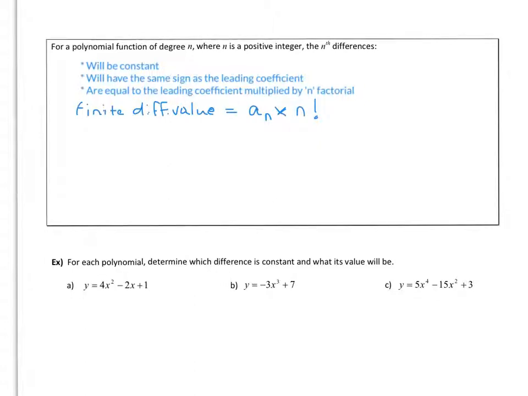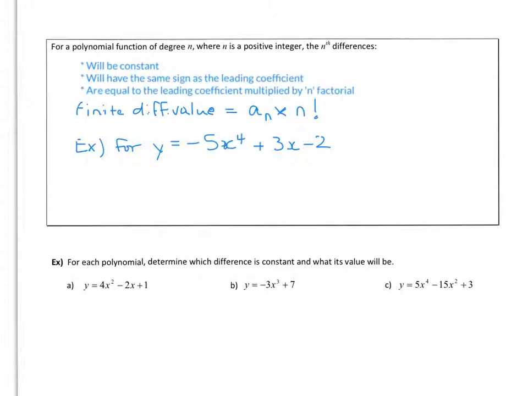Okay, so for example, if we have y is equal to negative 5x to the 4 plus 3x minus 2, we know that the fourth finite differences will be constant, so we'll have to do the difference 4 times to get the same number every time.